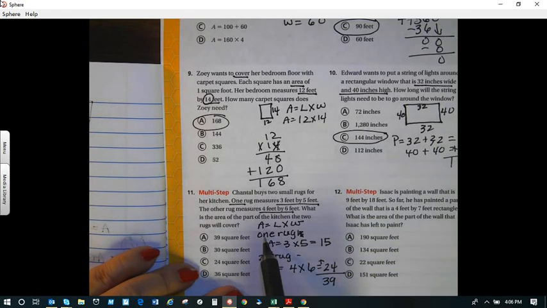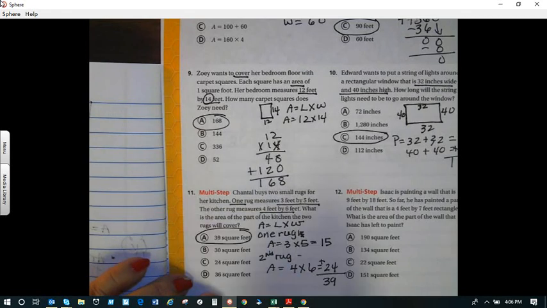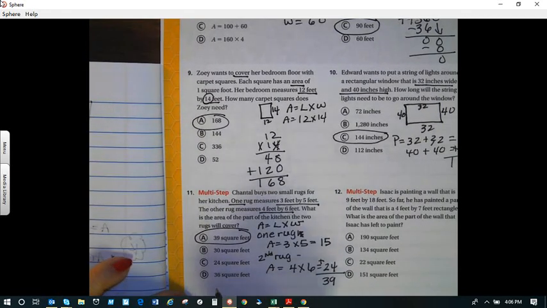So the 2 rugs will cover a total of 39 square feet of floor.